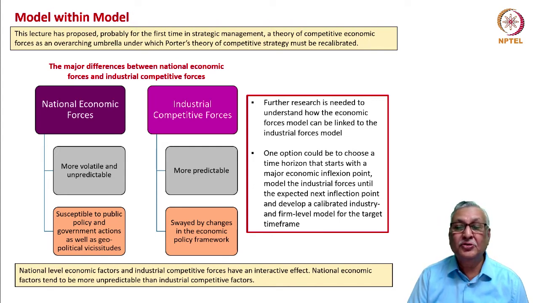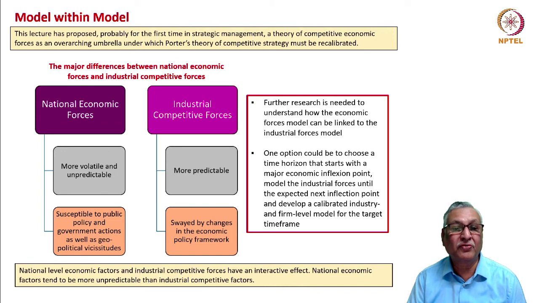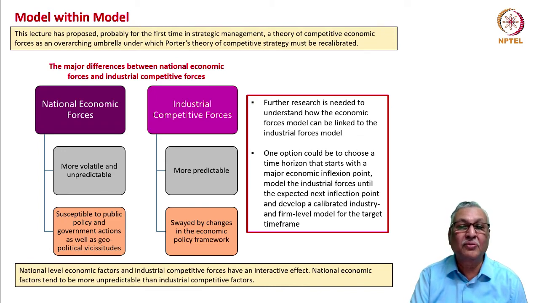One option for this could be to choose a time horizon that starts with a major economic inflection point, models the industrial forces until the expected next inflection point, and develops a calibrated industry and firm level model for the target time frame. That is one way to link the national economic forces and industrial competitive forces.